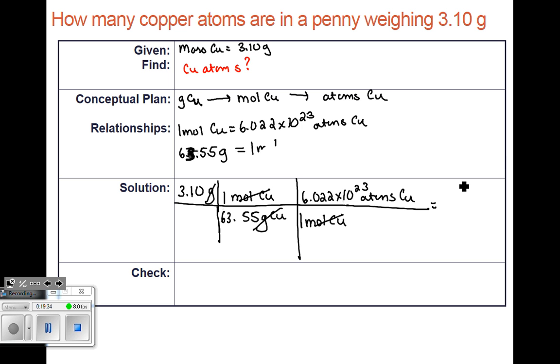So when you do that calculation, that should be, of course, in 3 significant figures, because that's what we started with. And, of course, that's going to be neutral. We shouldn't have a negative sign attached. That makes sense with our atoms because, of course, atoms is a big number.